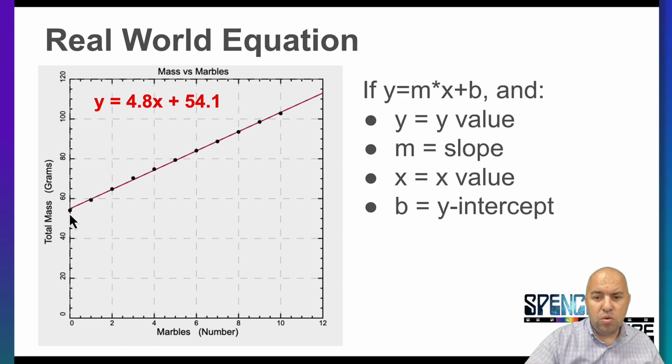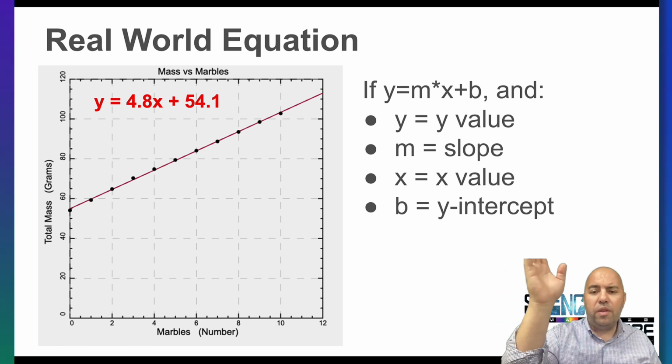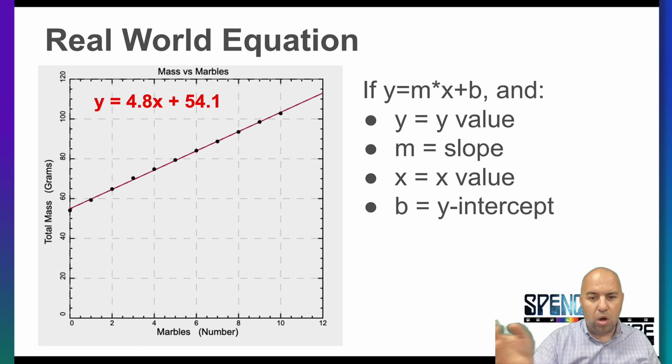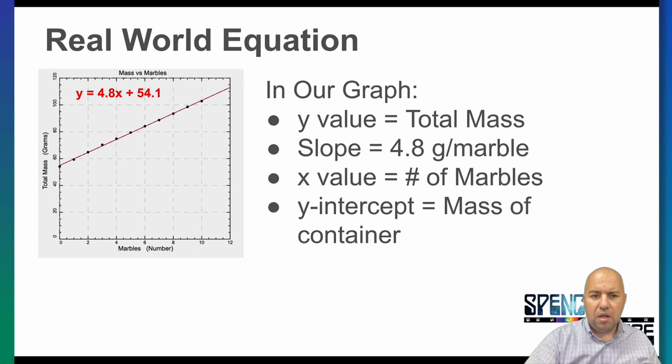Now, let's use this idea of y equals mx plus b to figure out what that means for what we call our real-world equation. We know that y equals mx plus b: y is the y value, m is the slope, x is the x value, and b is the y-intercept. If we think about what that means on our graph, the y value is our total mass. Our slope, which we've already calculated, is 4.8 grams per marble.